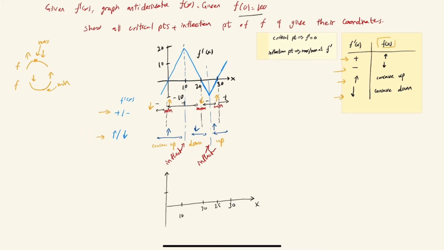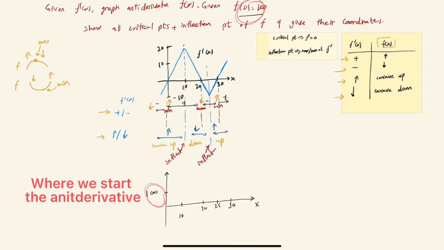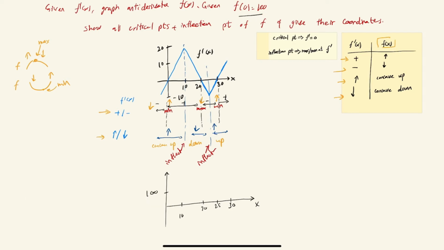Now, after determining the behavior of f of x, we can graph the antiderivative f of x. Here on the first interval, f of x is decreasing, and then we're going to have a local minimum at x equal to 0, and then the function is concave up.